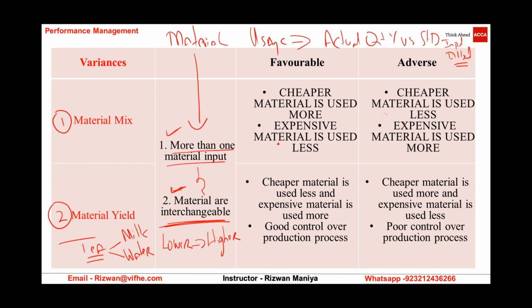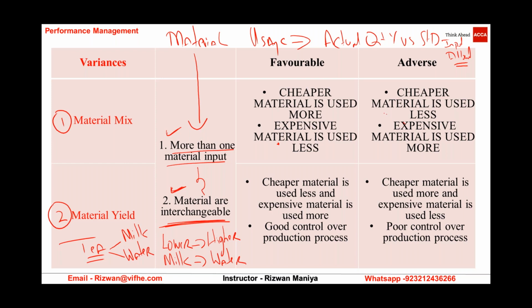Because, for example, in producing 1 cup of tea, if you are using less milk, to compensate for that you will use more water.